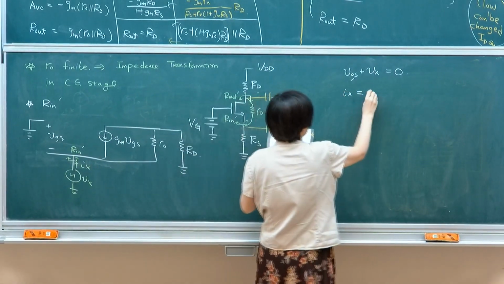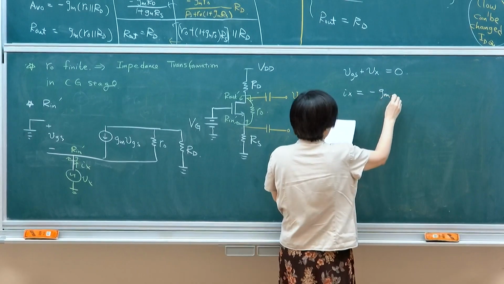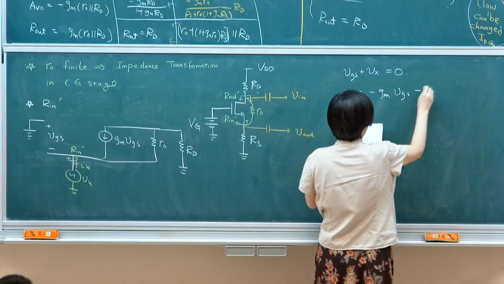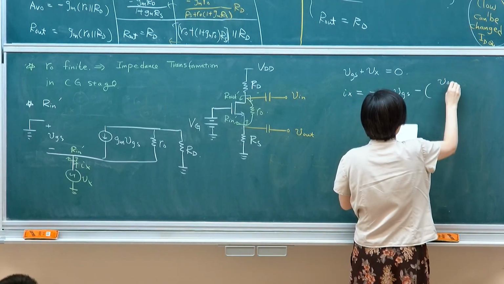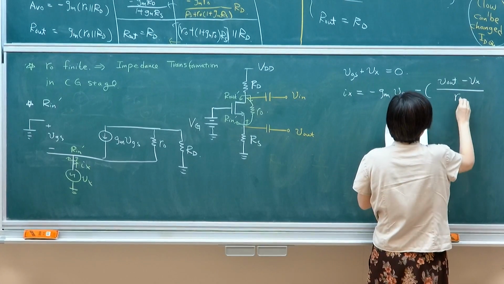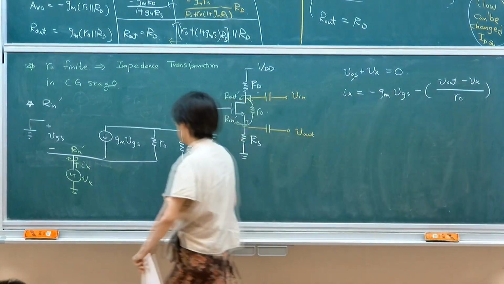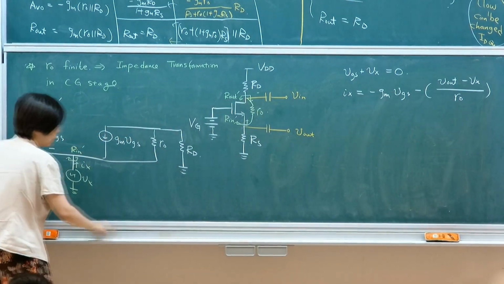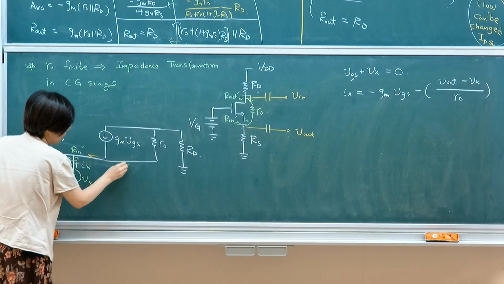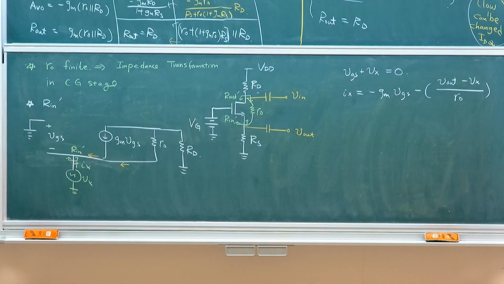Ix will be minus gm VGS and minus, as I said, VL minus Vx over RO. This is the current, so it includes two parts of the current. One is the current coming this way, and this is two sets of two branches.